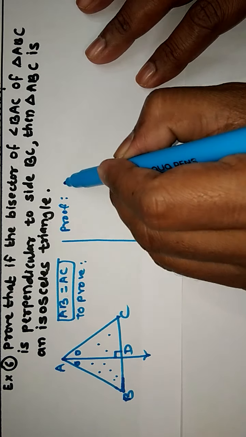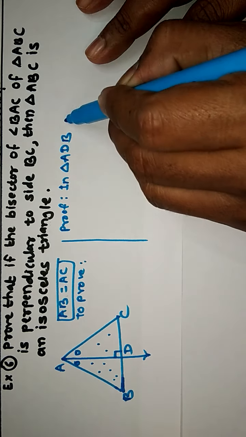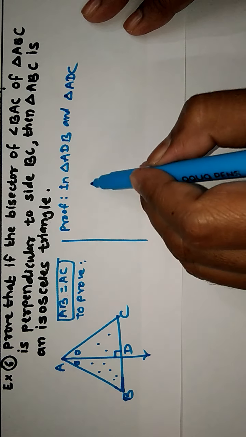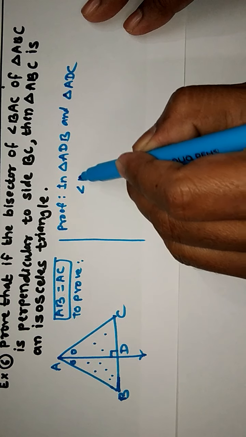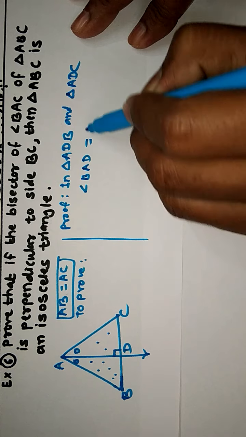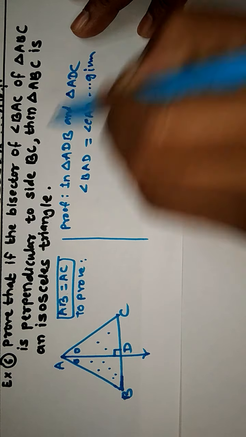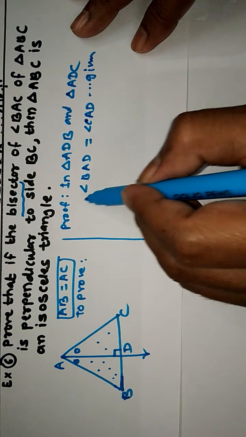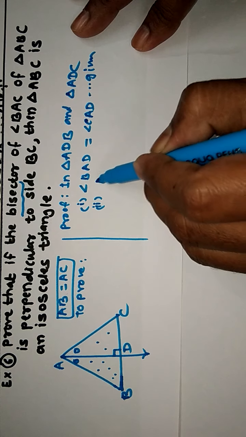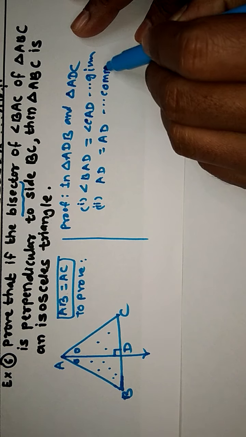Let's consider two triangles, triangle ADB and triangle ADC. Angle BAD is congruent to angle CAD, this is given because it is a bisector. Second, AD is congruent to AD, common side.